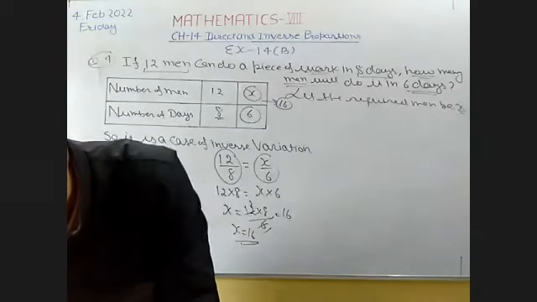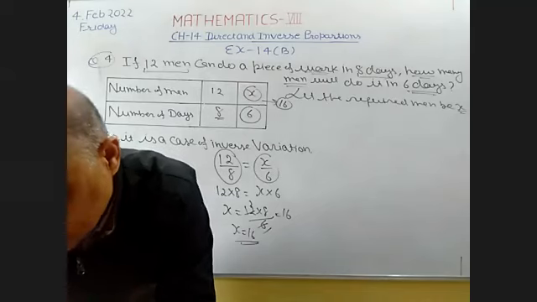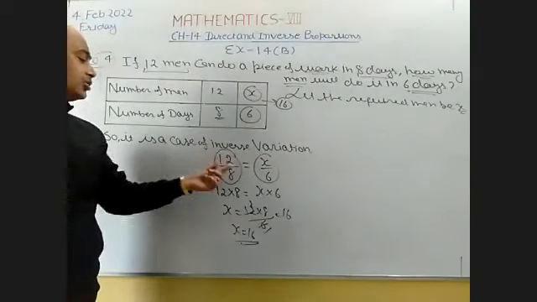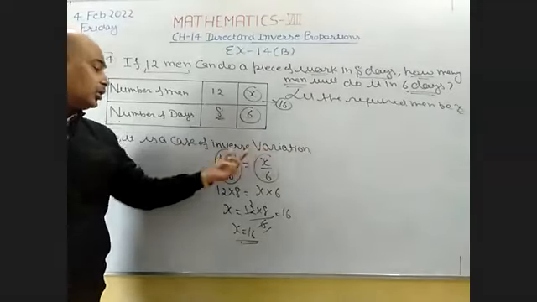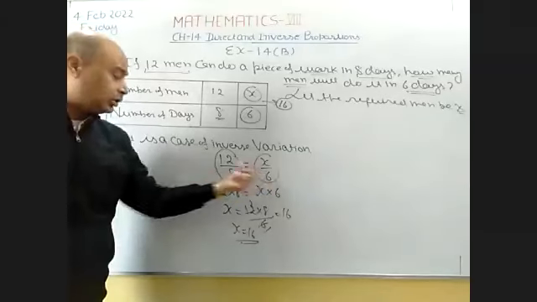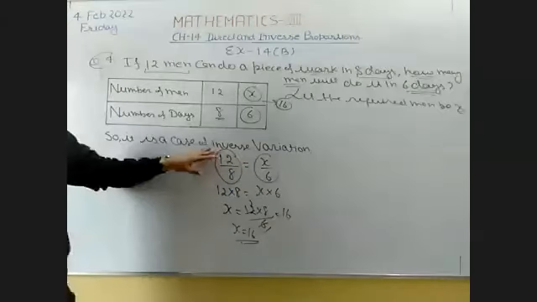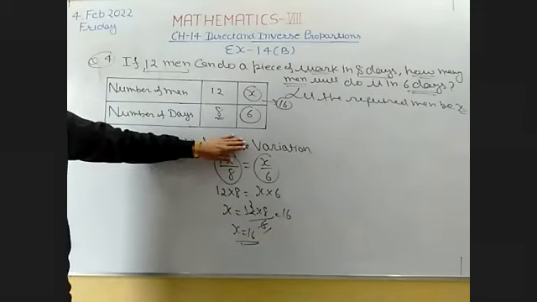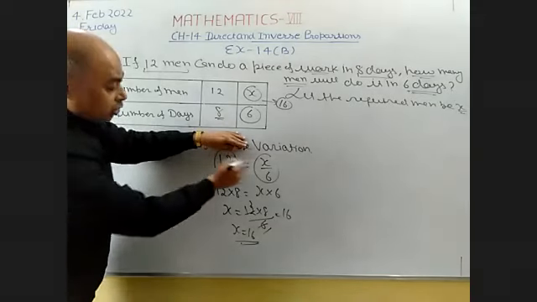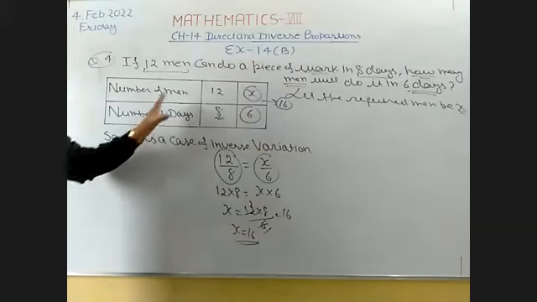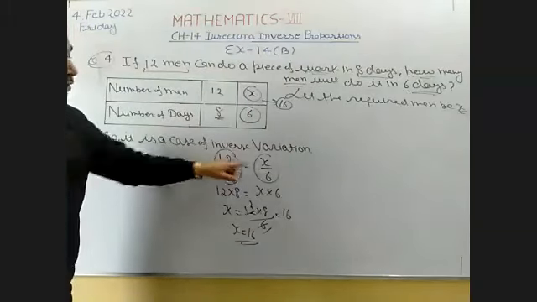Why don't we take cross multiply? Yes, okay beta. I want to say, why are you going to multiply like this? In the case of inverse relation, you multiply these two numbers by themselves and these two numbers by themselves: 12 into 8. If it is a case of direct relation, we take cross multiply.